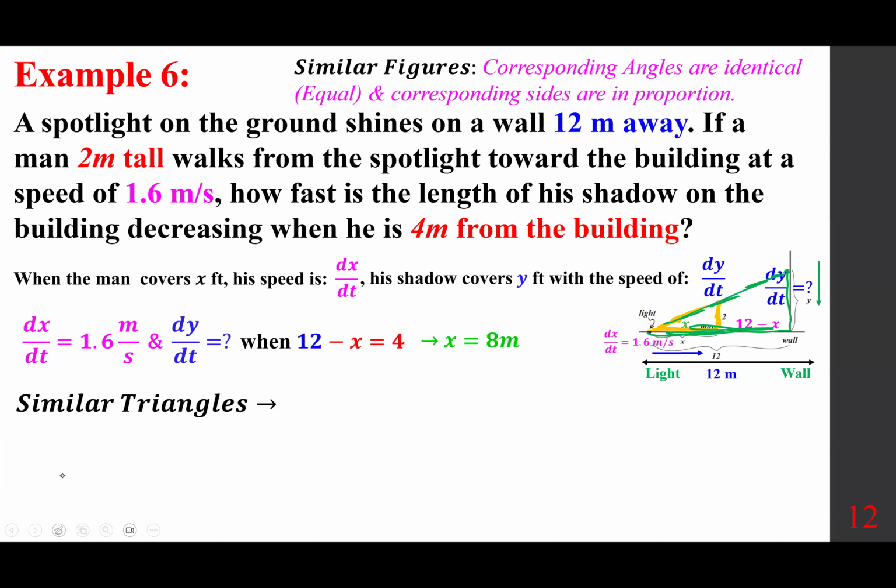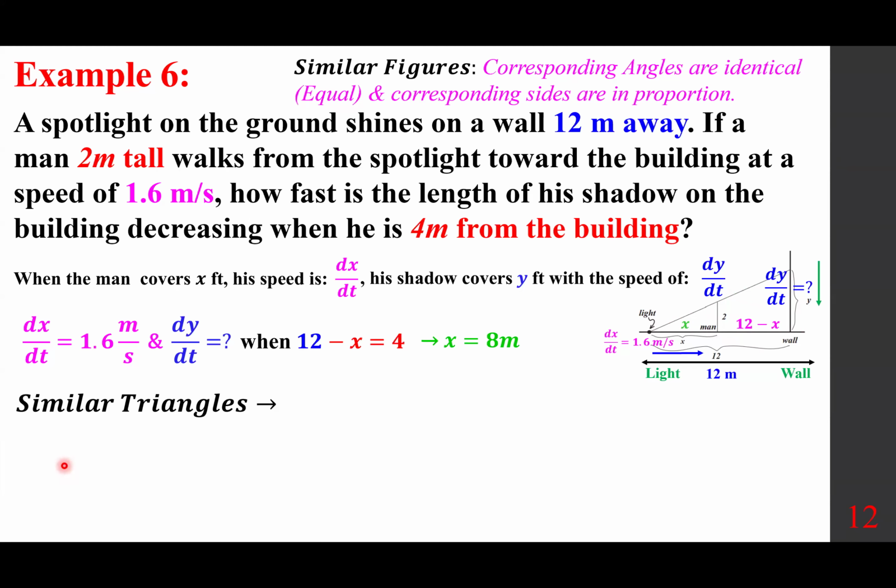The two are similar. Why are they similar? These two sides are parallel, or you can say this angle is in common, and these two are 90 degrees, so the remaining angles must be equal anyway. So if this is the case, there are different ways of setting them up.